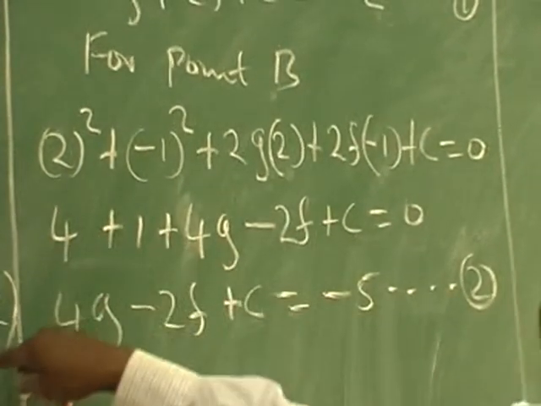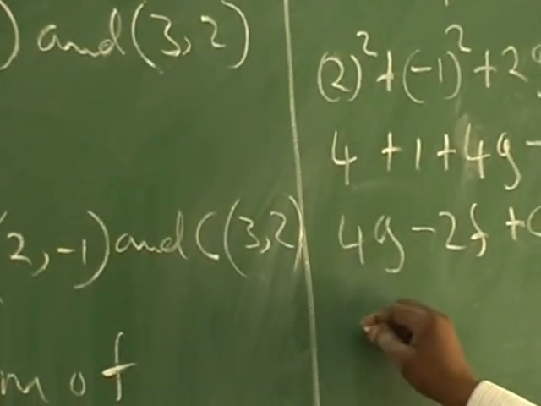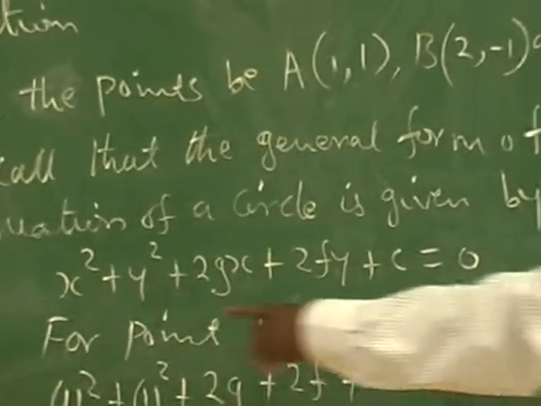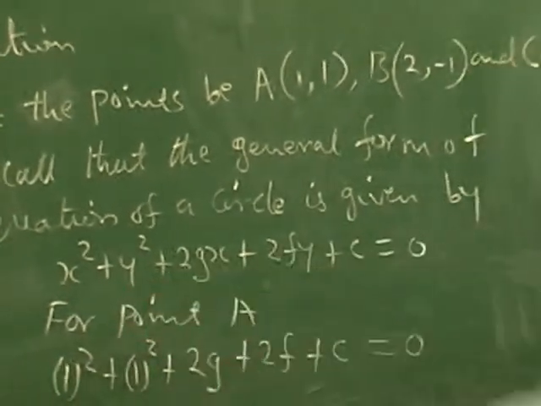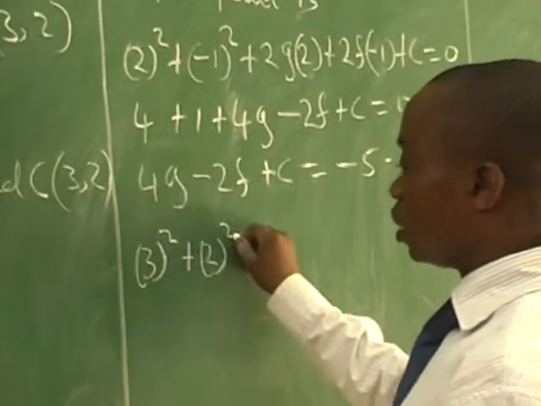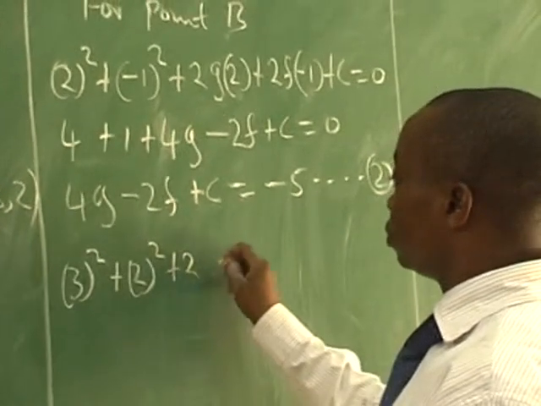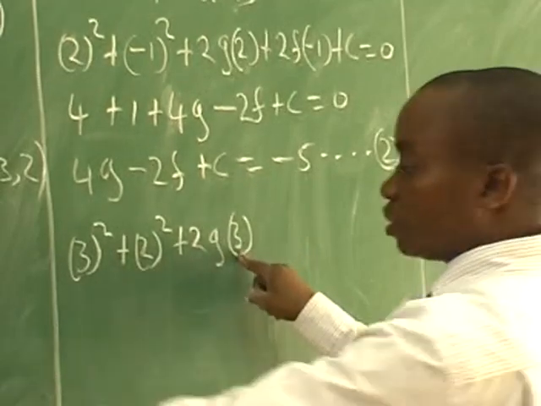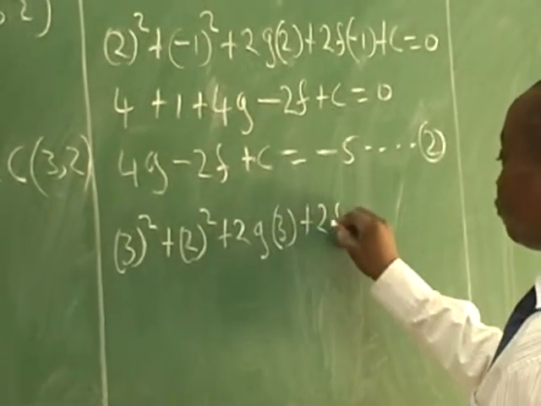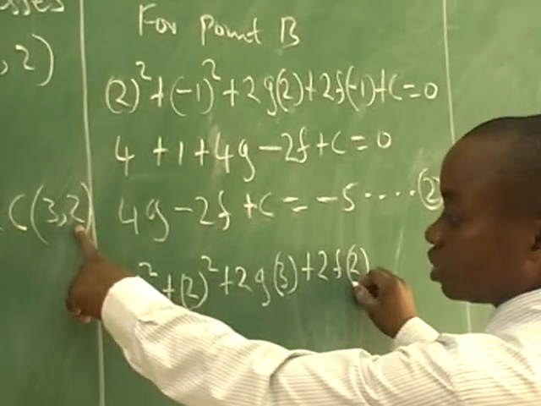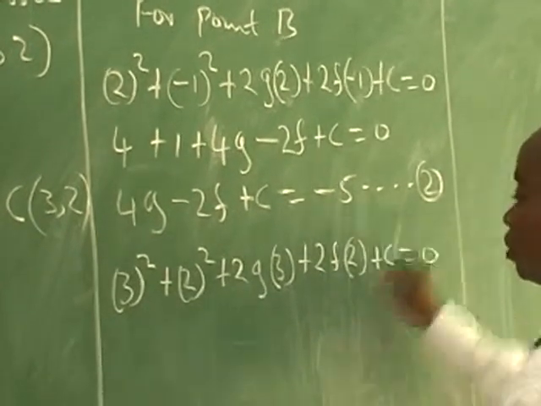We can also put these coordinates, and when we put the coordinates in the general form of equation of the circle, for this coordinate you have 3 square, that is putting it here, 3 in the place of x. We have 3 square plus these 2 square plus 2g, 3 in the place of x, plus 2f, then we put 2 in the place of y, so the y coordinate is 2, plus c is equal to 0.